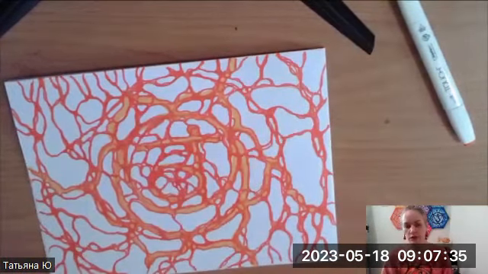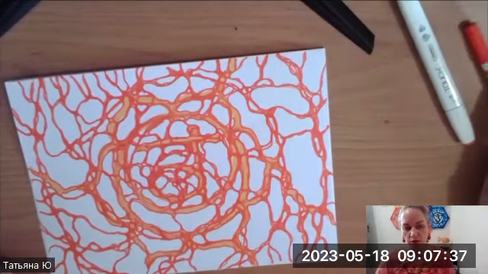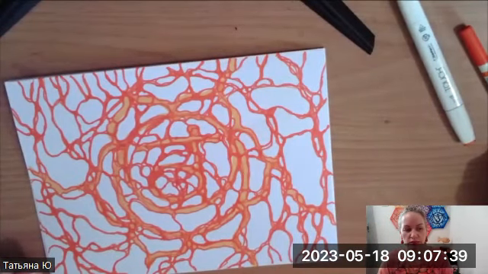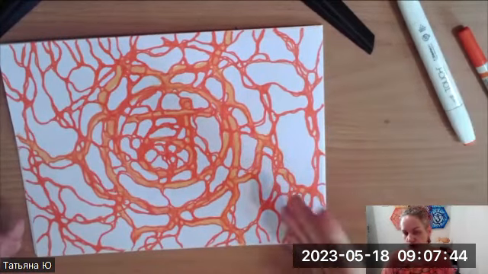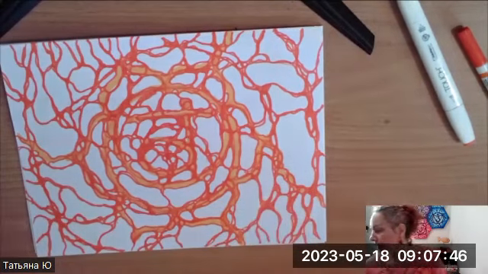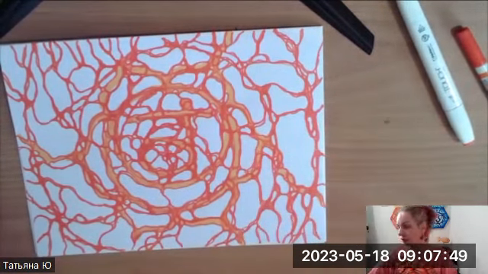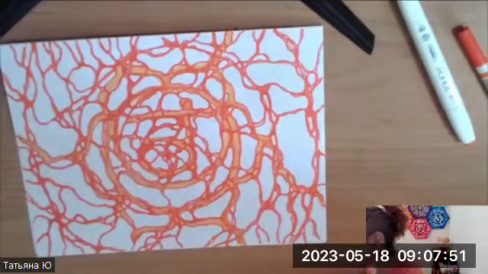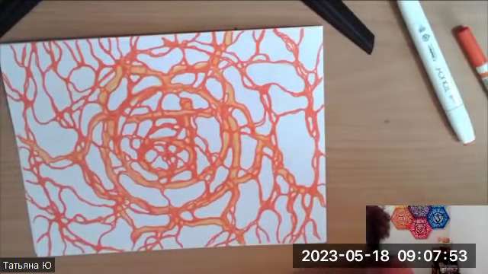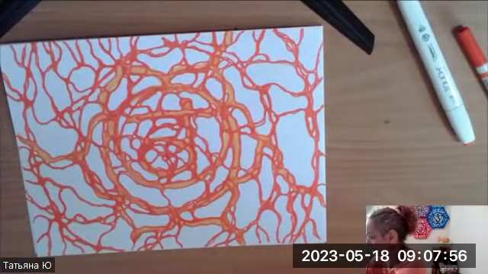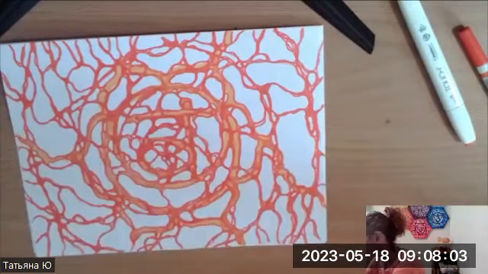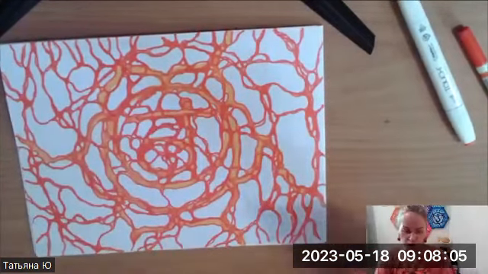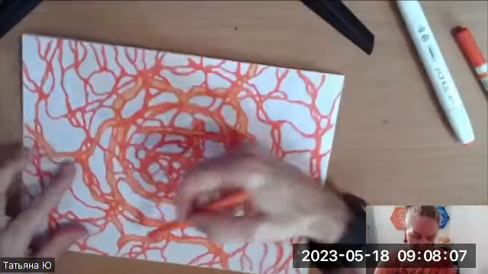Okay, so you see, it's like this. I think you still can see the drawing of the chakra. And after that, we can color. Today we use orange, but as I say, you can use any other color. And actually I found orange is not a lot. With red there are more shades, but orange not so much.